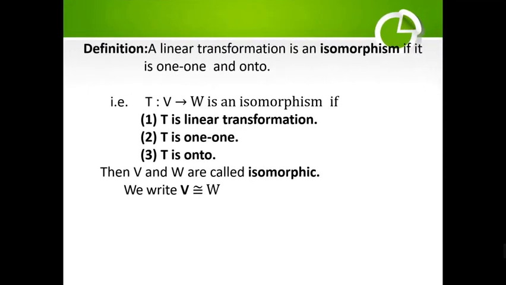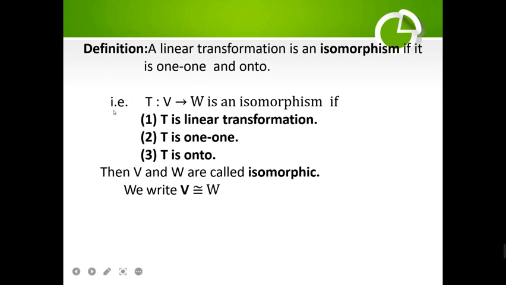Another definition. A linear transformation is an isomorphism if it is 1-to-1 and onto. These two are functions. We know that an isomorphism is a map that preserves sets of relations amongst elements.